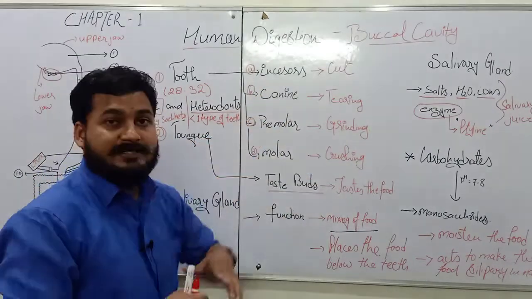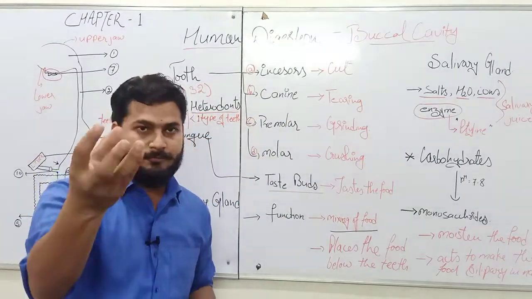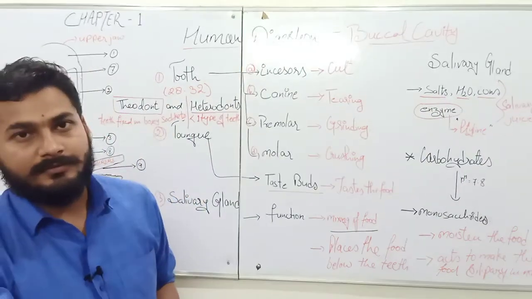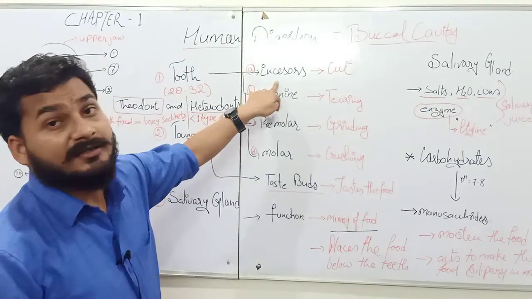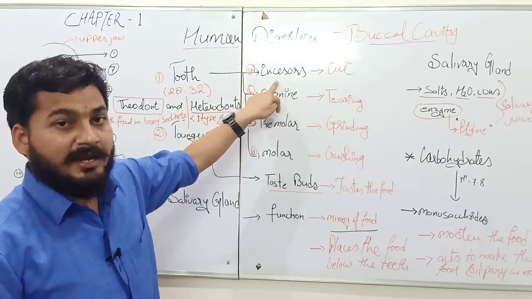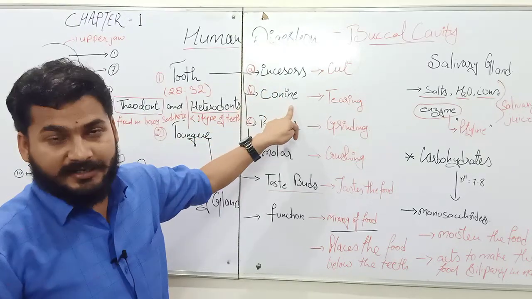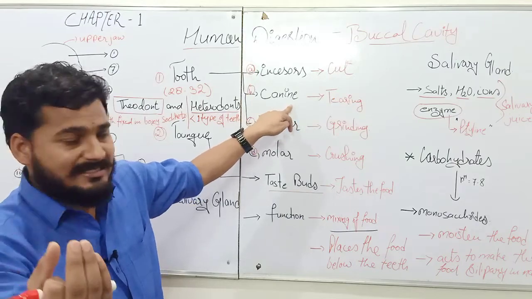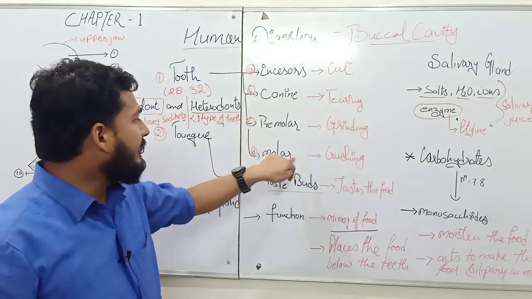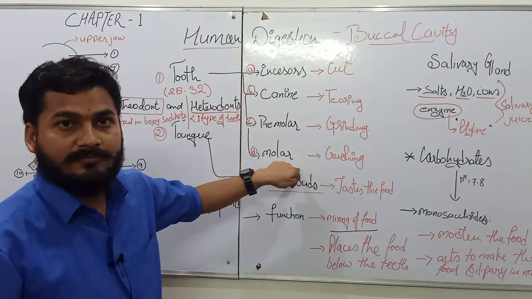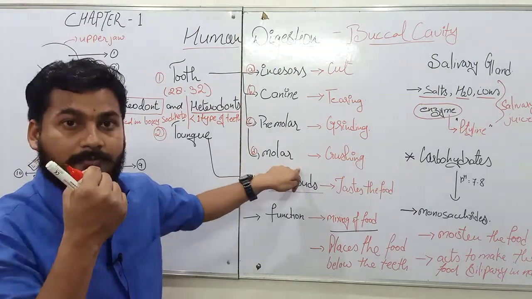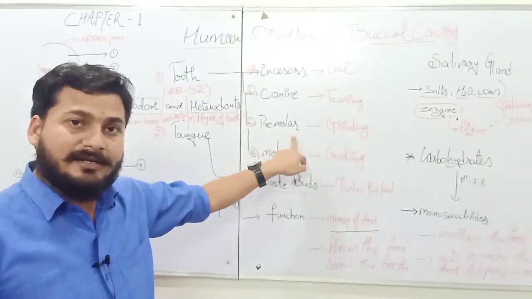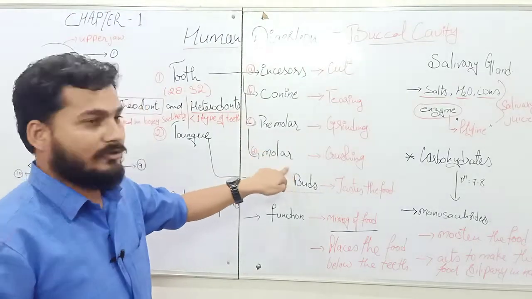If it is a potato or apple, it would first be cut by the incisors. If it is meat, it would be torn down. If it is rice or pulses, it will directly go under molars and premolars. You cannot cut the rice grain by grain.